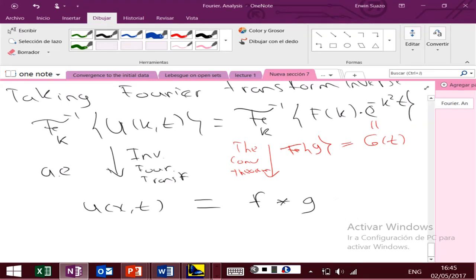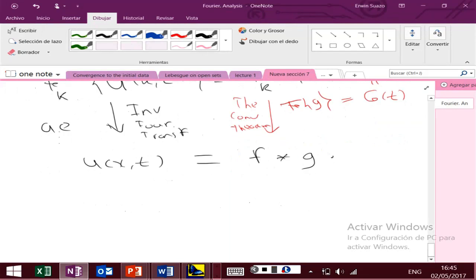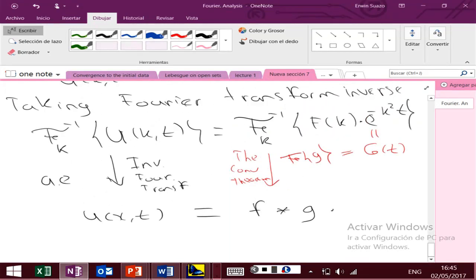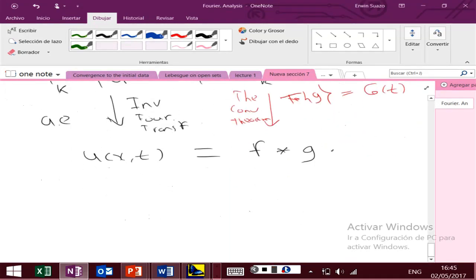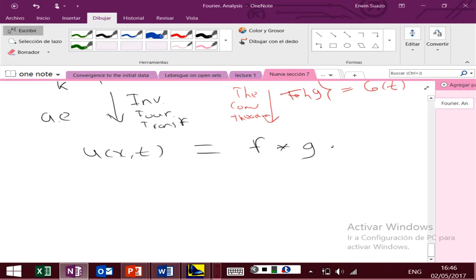We could say finish there, but we can do better than that. We can find g. So who is g? We need to solve this integral.